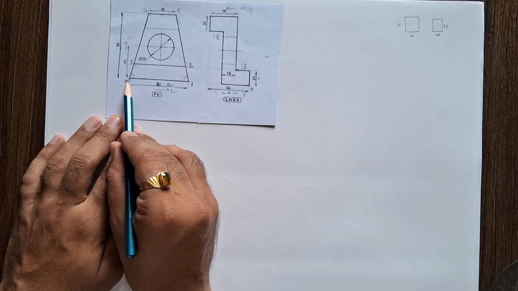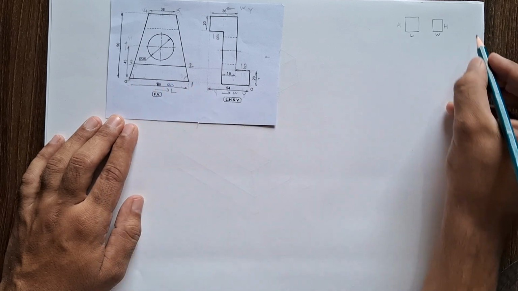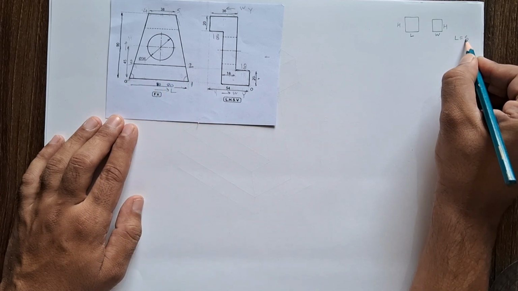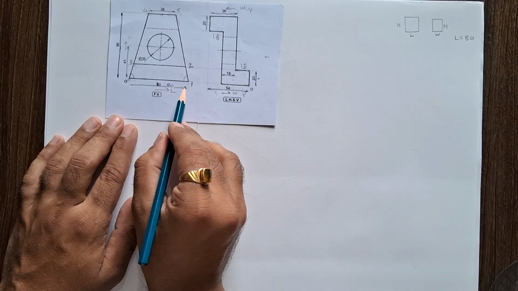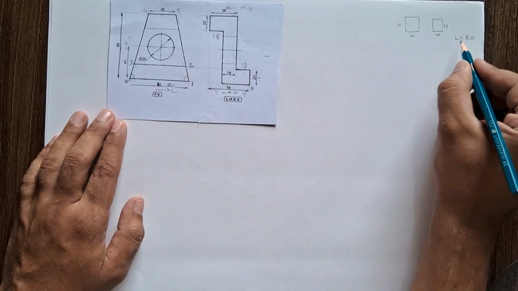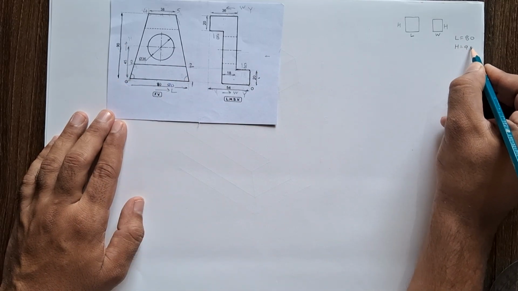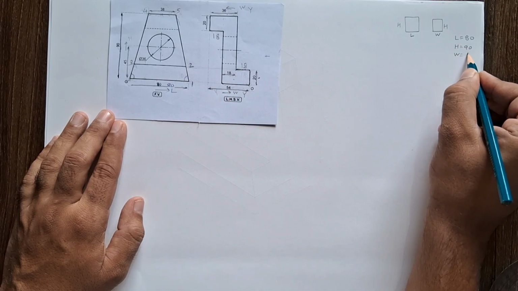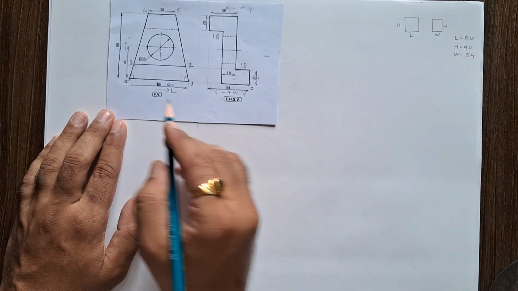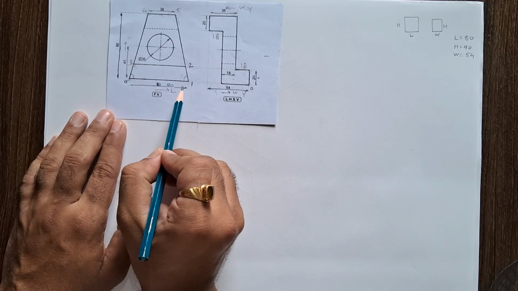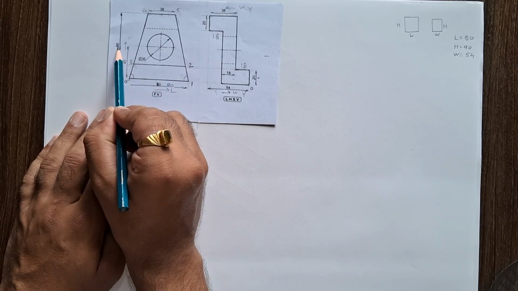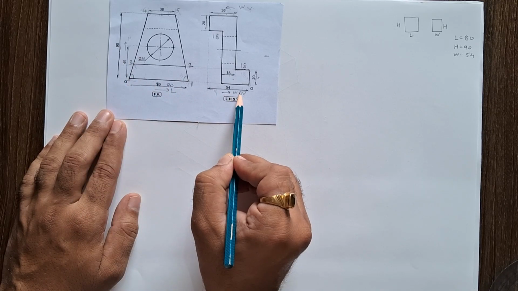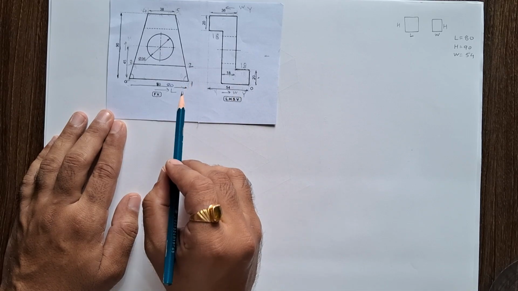Now here the length of this object is 80 mm, this is maximum length. Height of this object is 90 mm and width is 54 mm. Now these are the overall dimensions: 80 mm, 90 mm and 54 mm. These are the overall dimensions for this object.